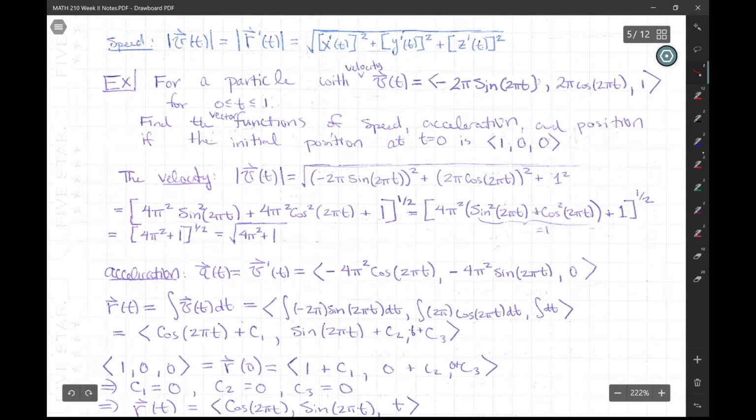Okay, so first we want to find, this is a typo, the speed. We would like to find the speed, and the speed is the magnitude of the velocity. So for the magnitude of the velocity, you just take each component, square it, and add them together.